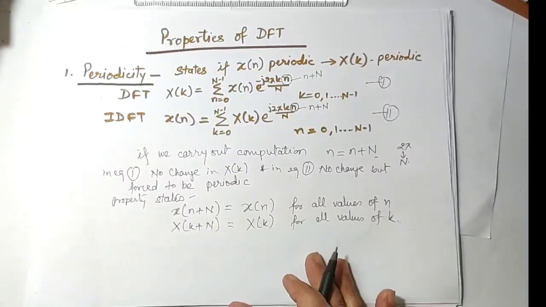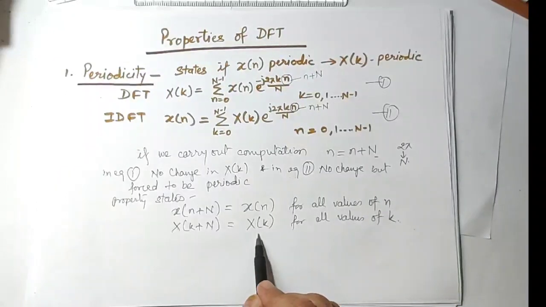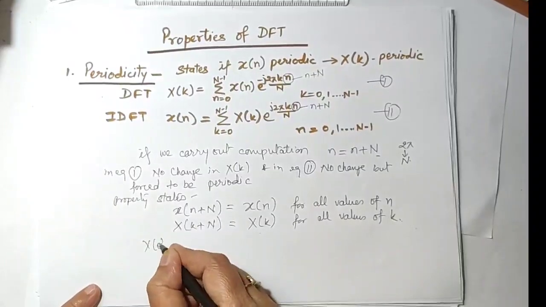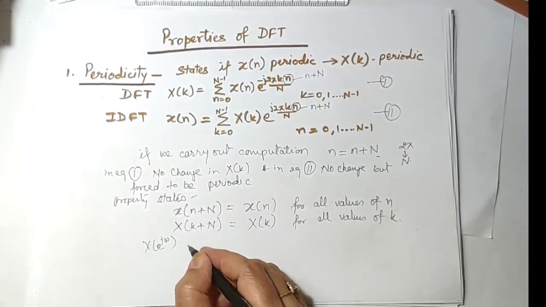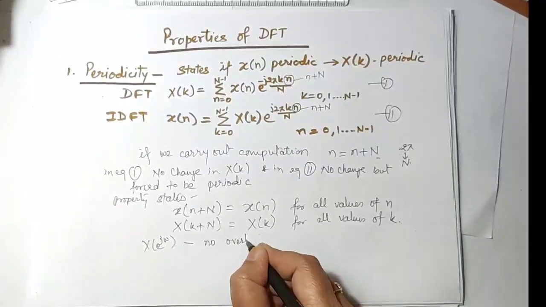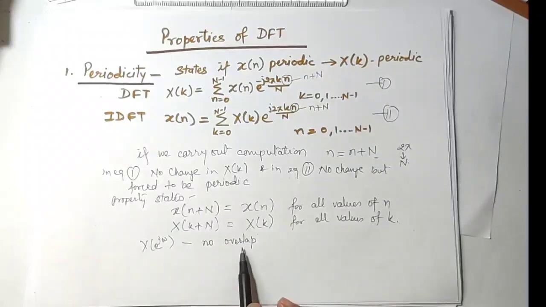And if we take n plus N again, we see there is no change in X(k). So no change in X(k) shows that there is no overlap. Why am I talking about the overlap?